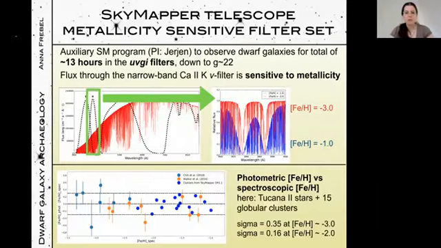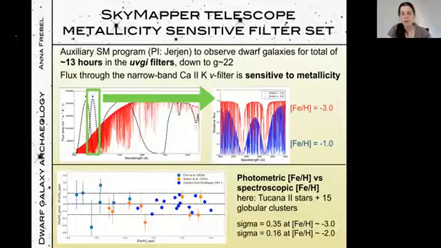Here's how this works. It's not new by now anymore, but the SkyMapper telescope in Australia has a metallicity sensitive V filter centered over the calcium K line in the blue. A while ago, we got an auxiliary program approved besides the SkyMapper Southern Sky Survey, and we got separate pencil beam observations of several dwarf galaxies in all these filters, including the little V filter.